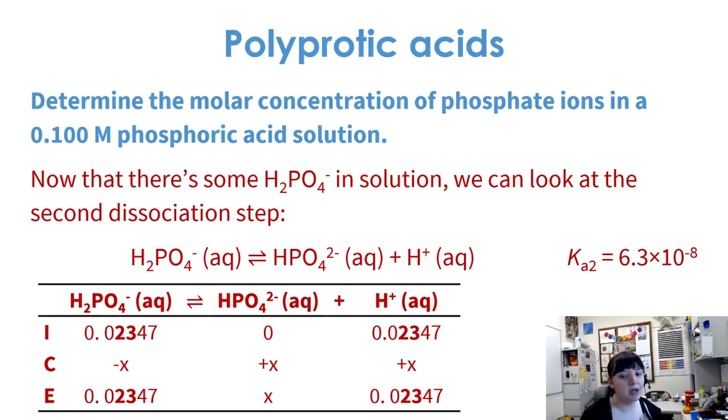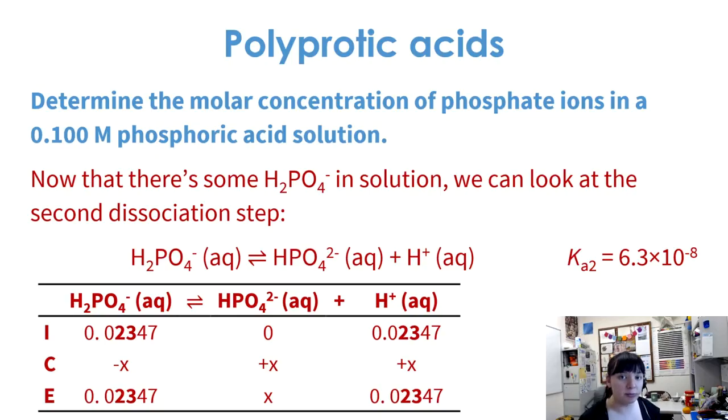initial values. So for instance, the H2PO4-, as we saw from the first ice table, had an equilibrium concentration of 0.023. That is going to now be initial here for the second dissociation, and the same goes for the H+ as well.